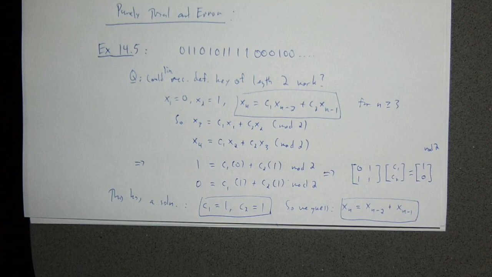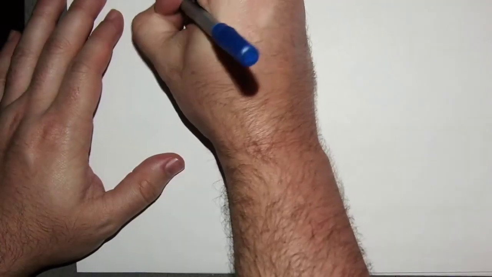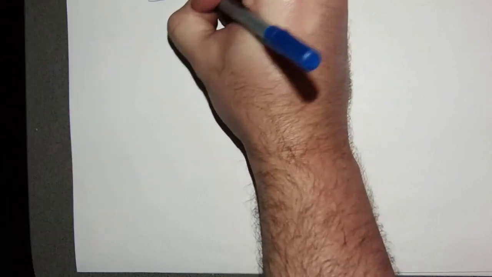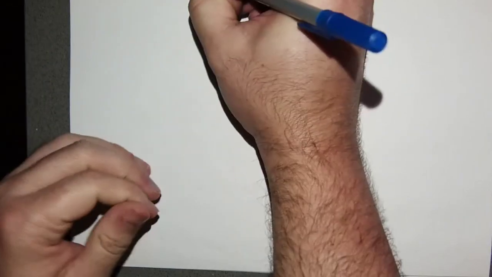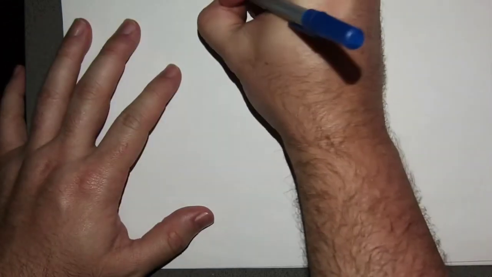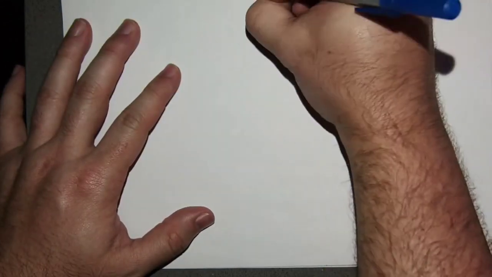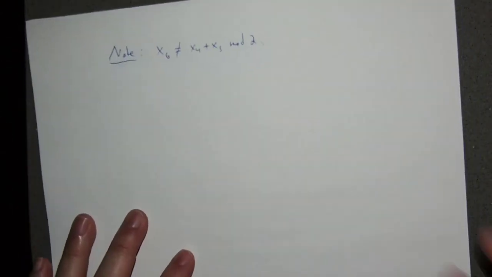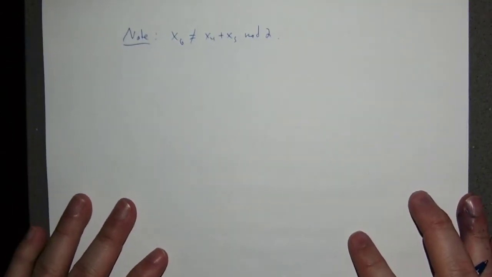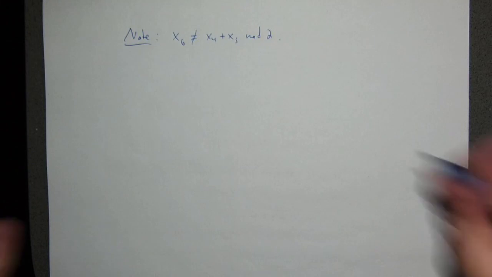But you'll note that it fails at the 6th place. So x sub 6 is bad. So note x sub 6 is not equal to x sub 4 plus x sub 5 mod 2. Okay. So it didn't work.